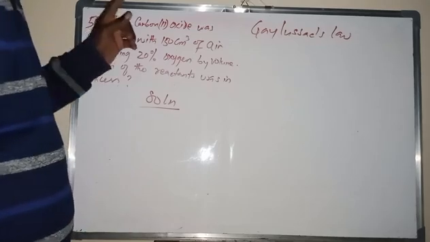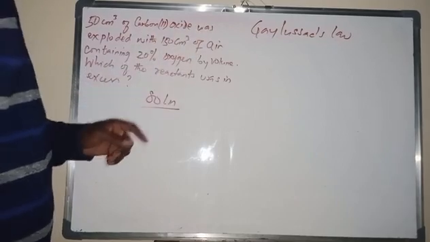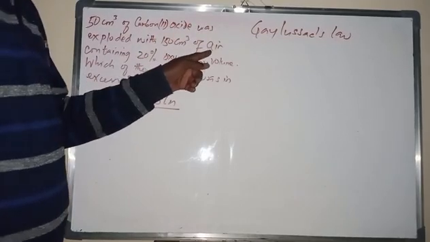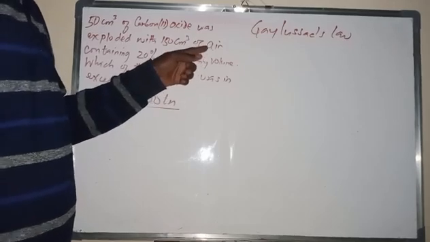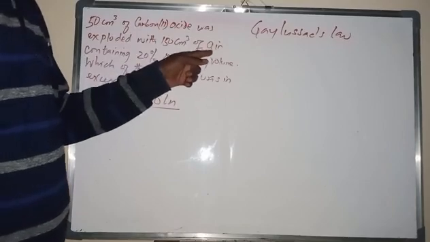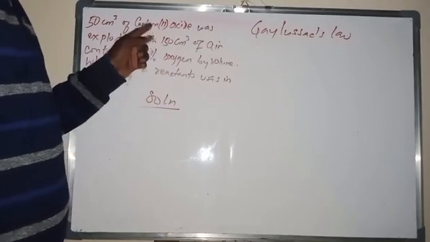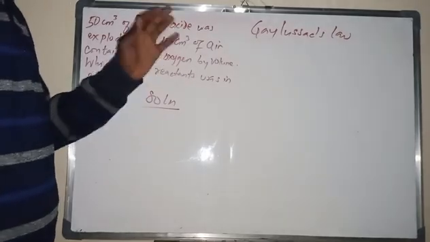In this, we have the reaction between two gases, carbon monoxide and air. The active component of the air that is required for this reaction with carbon monoxide is the oxygen. But what was supplied is air, not pure oxygen.